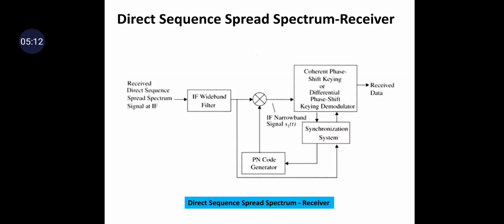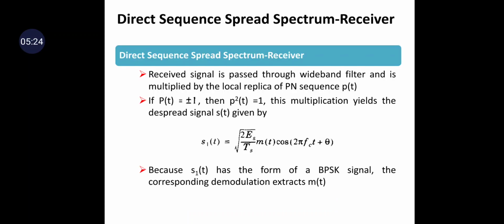Here we have the wideband filter, then the coherent phase shift keying demodulator, and then the synchronization system with the PN code generator. So let's see about the receiver. The received signal is passed through the wideband filter and is multiplied by the local replica of the PN sequence p of t.